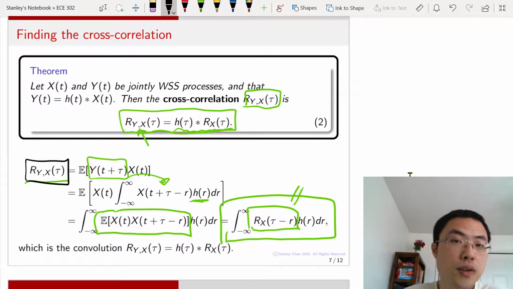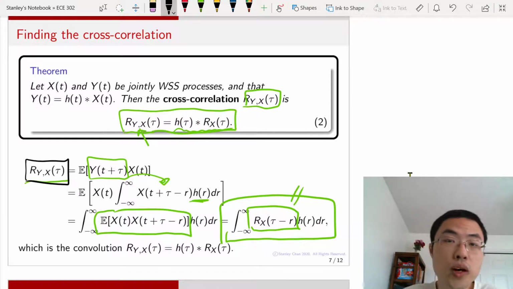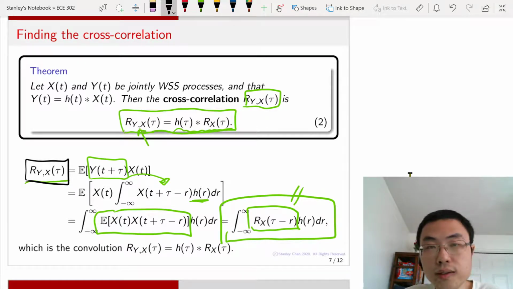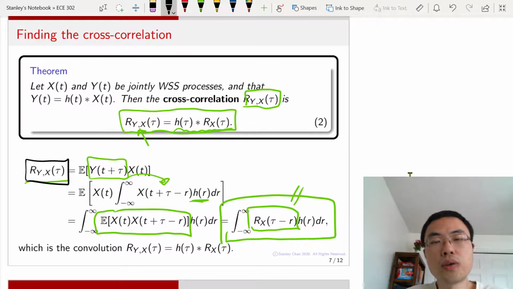This is very different from the autocorrelation function, where you have y and y, and for each y you have an h, and therefore you have twice the h, and you have a convolution followed by a correlation. In the cross-correlation function, you only have one y and one x. The x doesn't have any h. And so since you only have one h, you should expect to have a convolution between h and the autocorrelation function Rx.